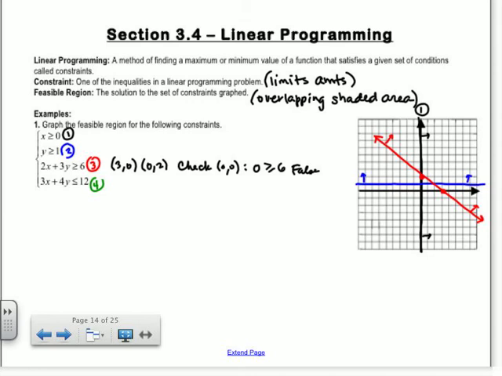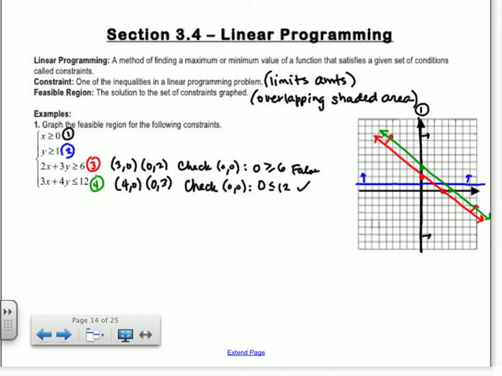Okay, and the next one, we'll do x-intercept, y-intercept on this too. So x-intercept is 4, y-intercept is 3. So 4, 0, and 0, 3. So it's just a little bit more than the last one. And when I check 0, 0 on this one, I get 0 is less than or equal to 12, which is true.